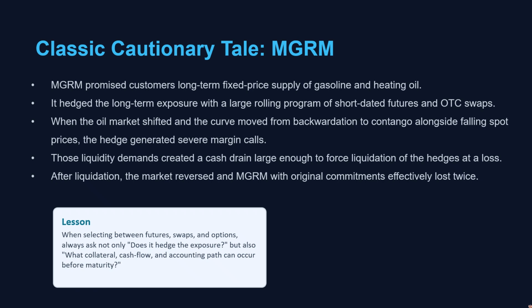That liquidity drain became so severe that the firm had to liquidate the hedge positions at a loss, of course. Later, when the market reversed, MGRM still had the original commercial commitments but no longer had the protection in place. In effect, it was hit twice.